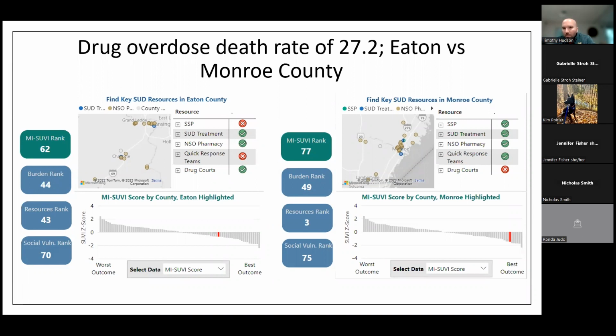And this data is pulled out of that county scorecard page. So we see that Eaton County actually has a slightly worse My SUVI rank. Their burden scores are pretty comparable, but we see that Monroe County is significantly better resourced than Eaton County, while their social vulnerability scores are approximately the same.